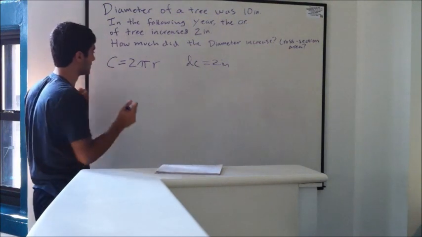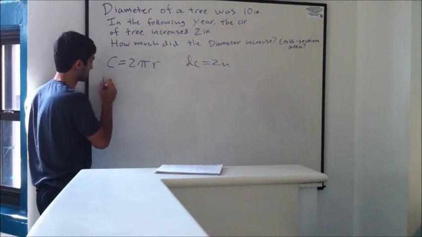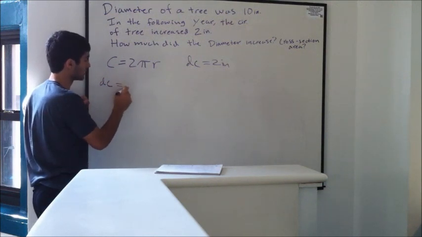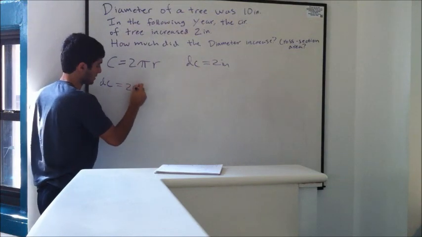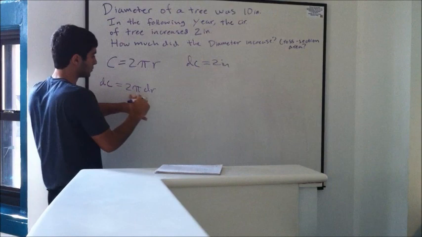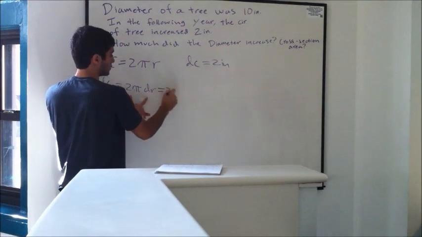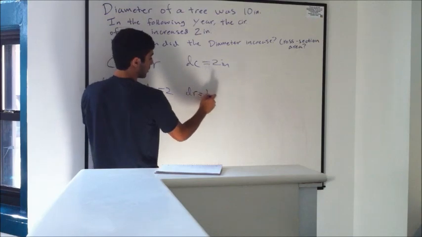So we know that the change in our circumference is also given by 2 pi dr. So if 2 pi dr has to equal 2, then we can say that dr has to equal 1 over pi.